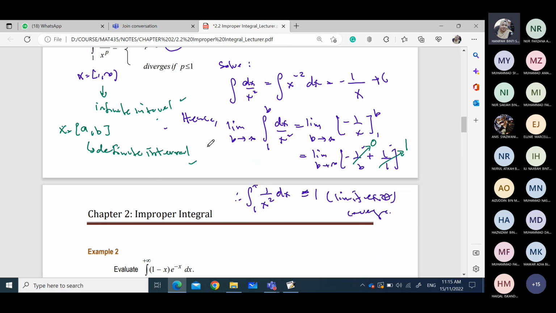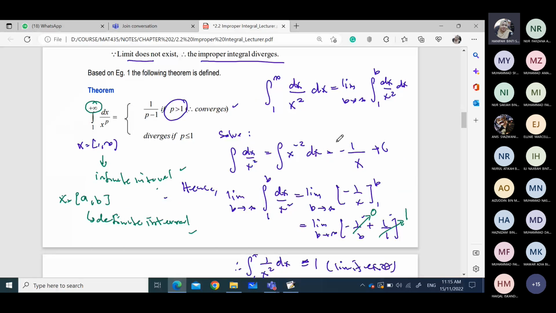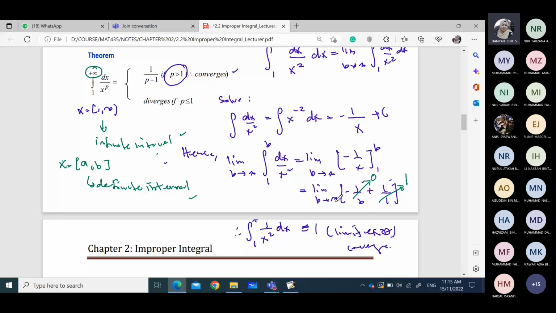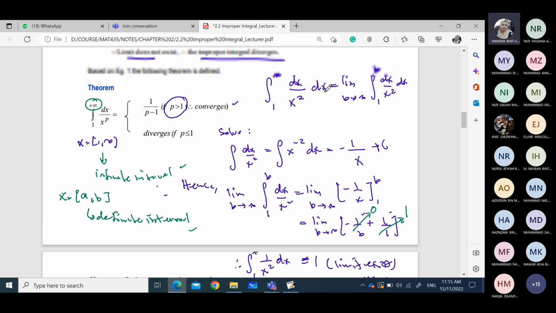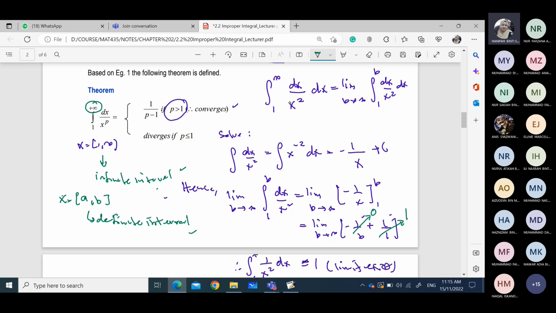So how to solve? What I did here is how we solve it. For this example, I take p equals 2. The power is 2 here, to prove that this theorem is true.